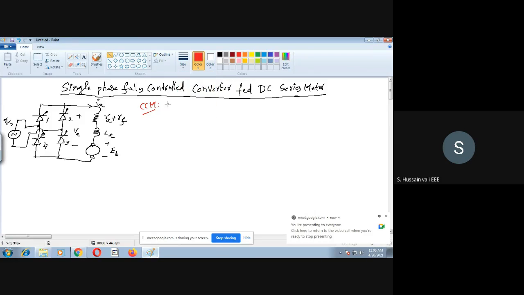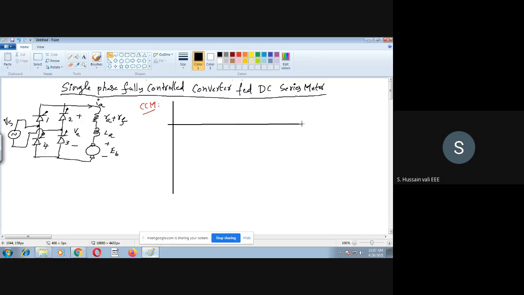We will draw the waveforms with the same procedure as we did in the last class. First we will draw the supply voltage waveform.